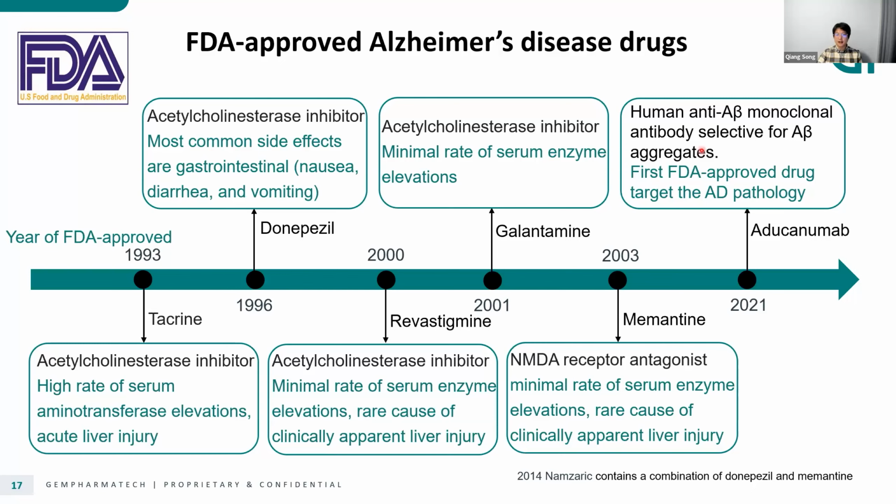And in recent years, there is an antibody drug called aducanumab, an anti-A-beta monoclonal antibody that was conditionally approved, raising the confidence in the AD amyloid pathological hypothesis.